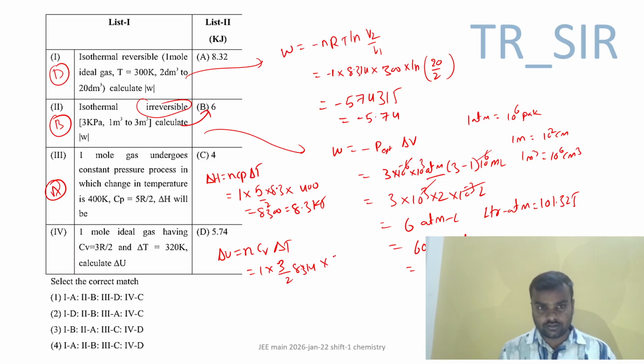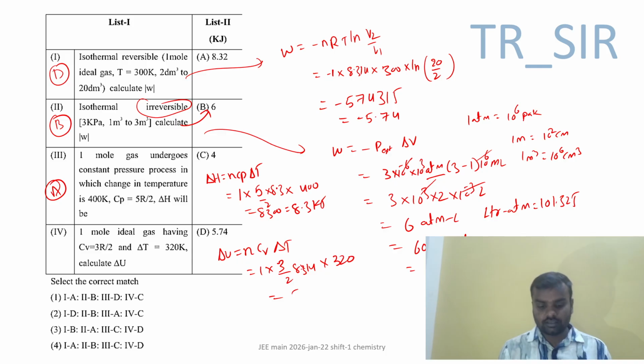8.314 into 320 Kelvin. So after solving, you will get 5740, then converted it is 5.74, right? Let us see how much will come: 320 into 8.314 into 3 by 2.